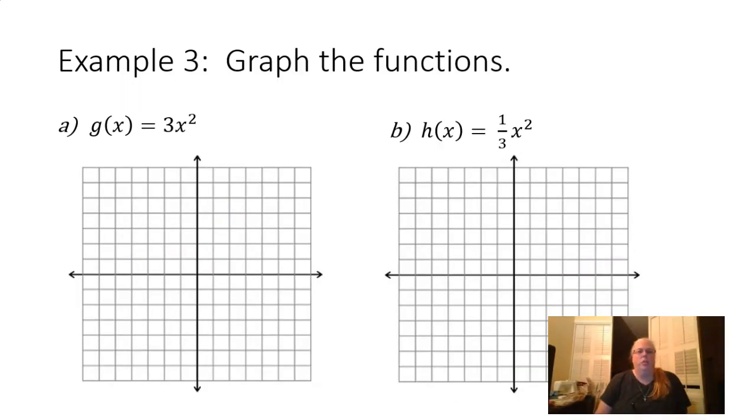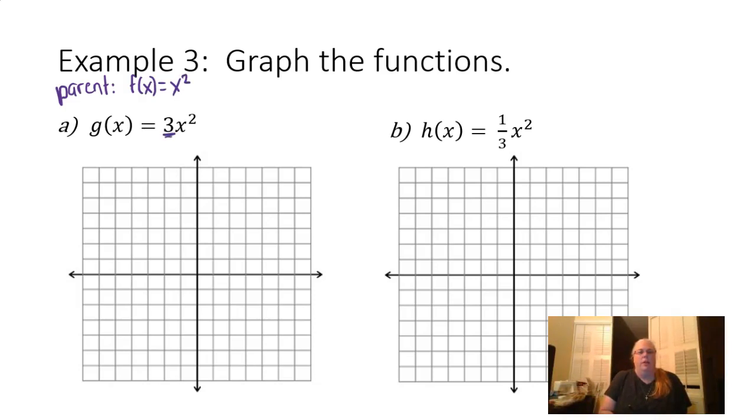Example 3, we're going to graph the functions. Part A, g of x is equal to 3x squared. Our parent function is f of x is equal to x squared.